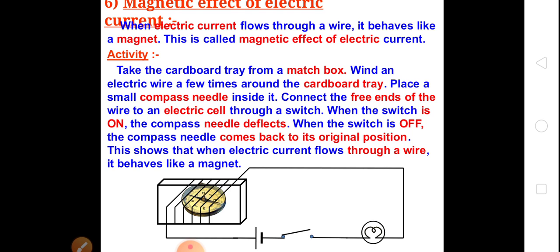Also, we discussed the heating effect of electric current, in which we saw short circuit, overloading, electric fuse, and MCB. So that we have already done. Now the last topic of the chapter, the magnetic effect of electric current, we will take today.